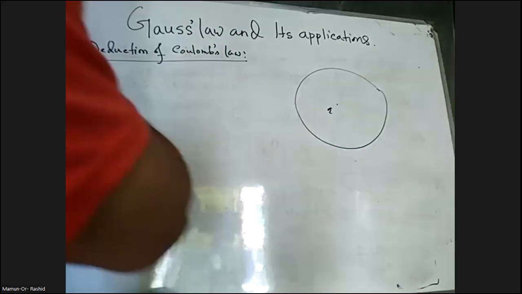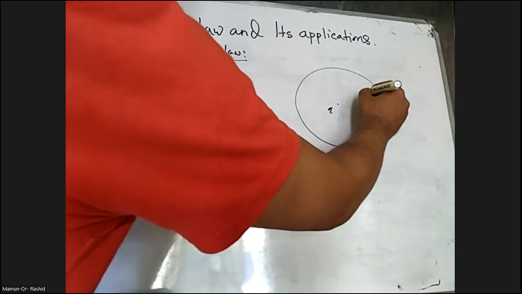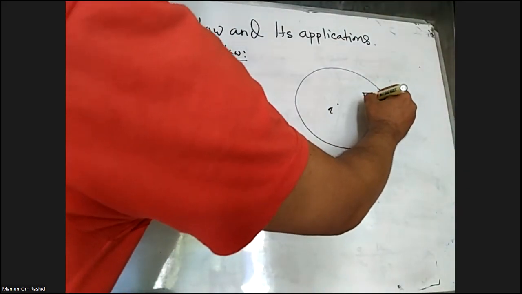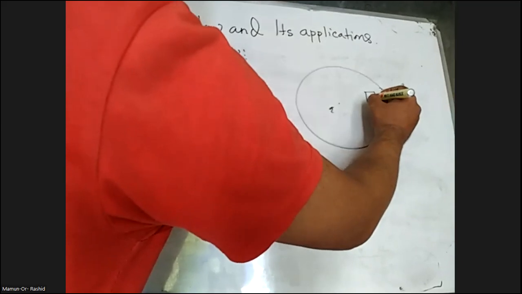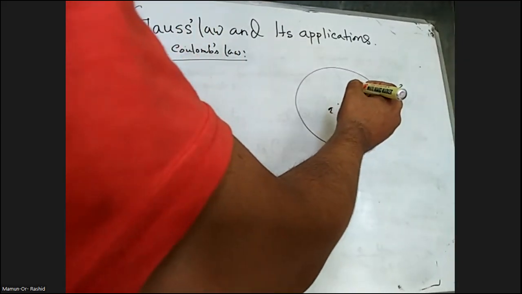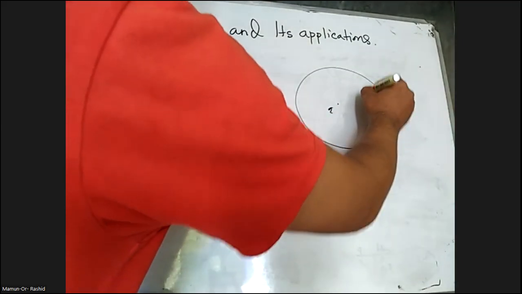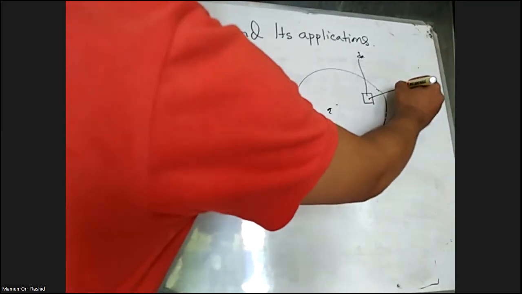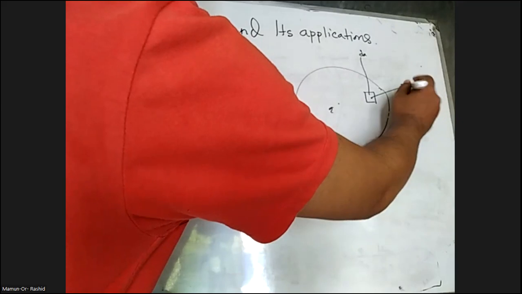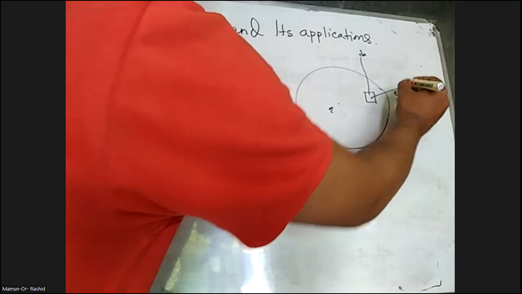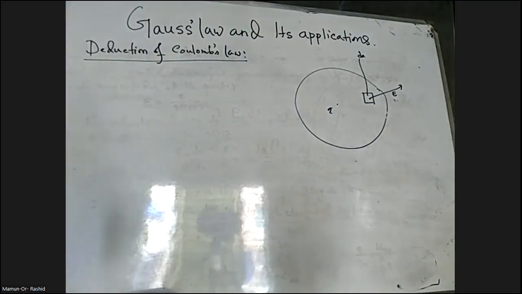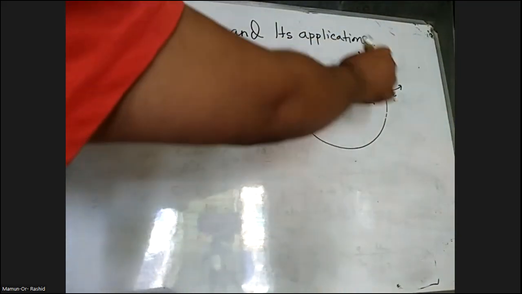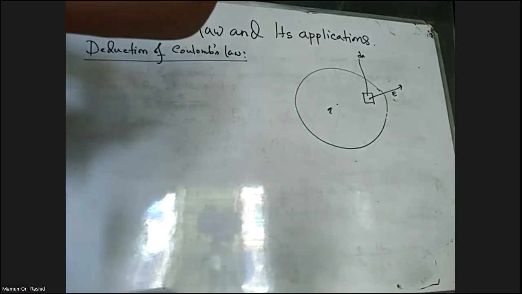If we take a small surface area dA, the electric field due to this infinitesimal area dA will be E. This is the Gaussian spherical surface.